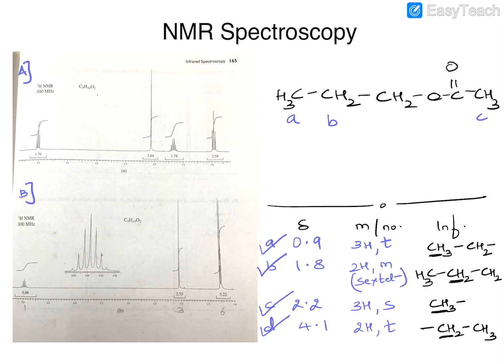And the last one, which is pushed the most downfield, should be the one that is next to a heteroatom, and thereby its electron density is reduced considerably, pushing it downfield. Not only that, it is next to a carbon atom containing 2 protons, and therefore the peak itself should be split into a triplet.